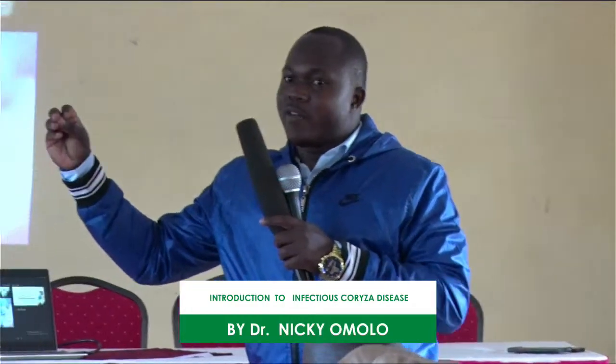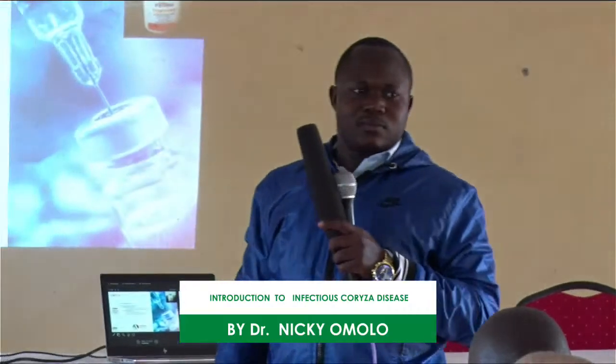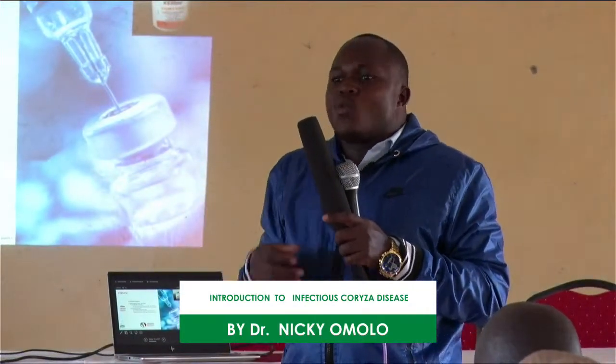This came as another one, because when we were targeting to do the first vaccination at 5 to 6 weeks, we were shocked that there are some birds, especially the broilers, that were also being infected with coryza as early as the 3rd week. So now someone was asking, then what do we do?